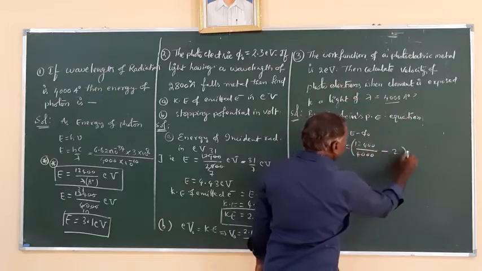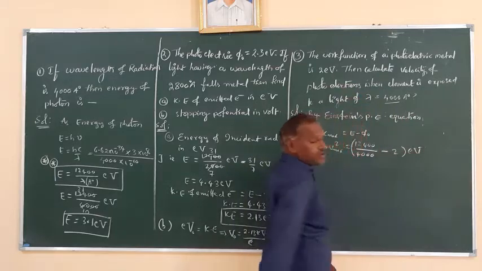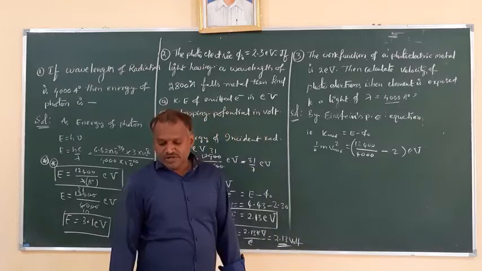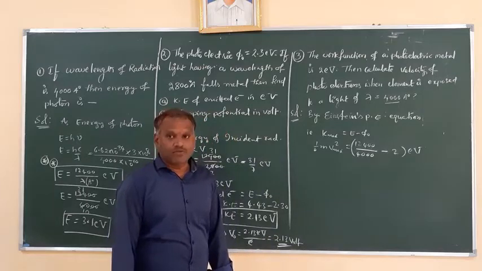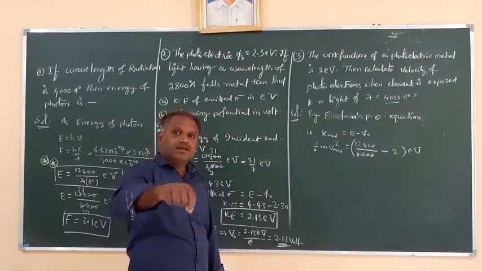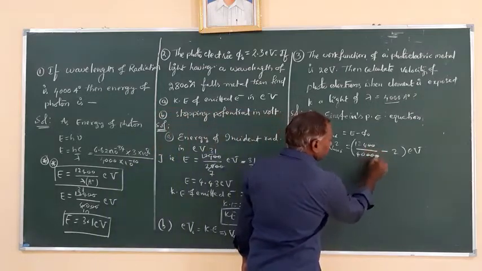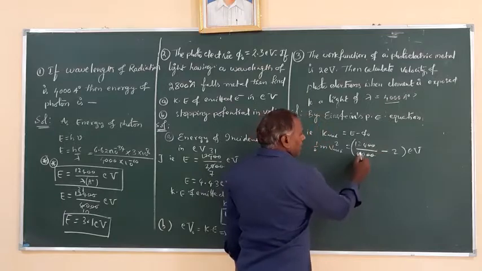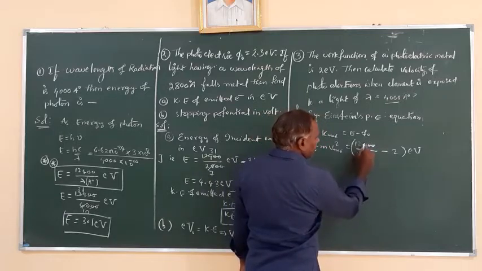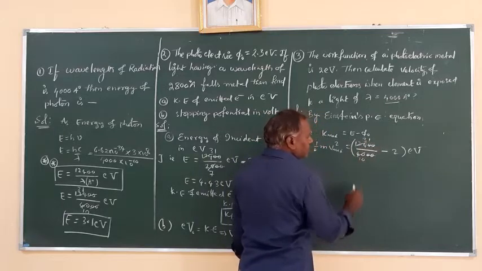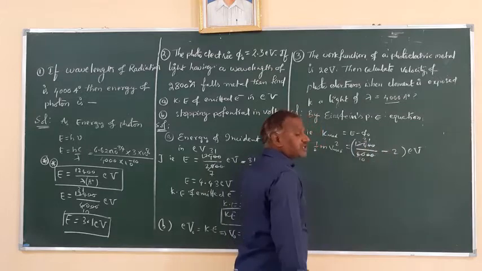This comes in electron volts. So the kinetic energy possessed by the electrons emitted from the metal is calculated in the units of electron volts. Now these 2 will be cancelled. And here it is 10, here it is 31. So it is 3.1 minus 2, it is 1.1.